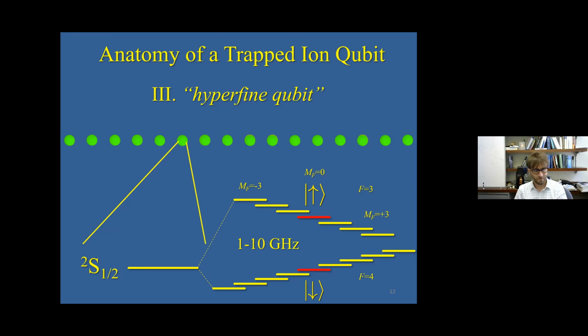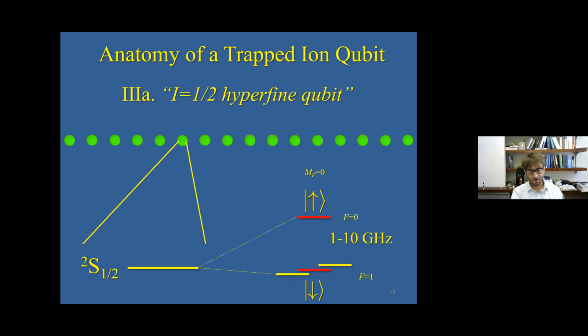It is large enough that we don't have to worry about a bunch of noise sources, but it is still a low enough frequency that we can use kind of synthesizers and things like that. It's actually right about where you would want to be. And then I'll call type 3A a specific version of the hyperfine qubit where we have a spin 1/2 nucleus. So it's a spin 1/2 electron, a spin 1/2 nucleus.